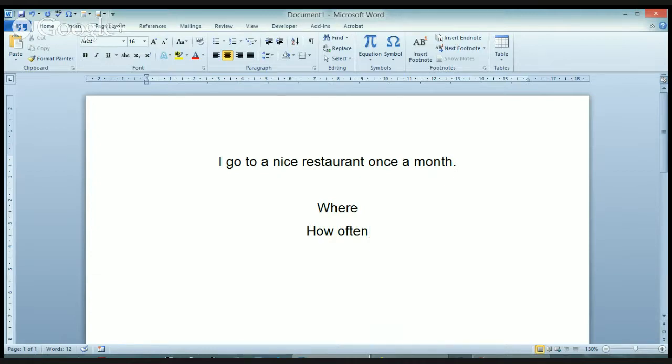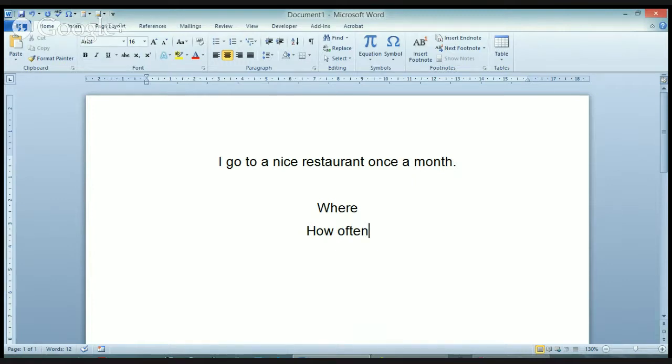How often do, then subject, how often do you, verb, go. How often do you go to a nice restaurant? And answer, short answer, once a month. Exactly, very good. So you could practice this kind of question and answer with your friend, with another student, for example, with your family or parents. Somebody makes a statement, choose a tense.